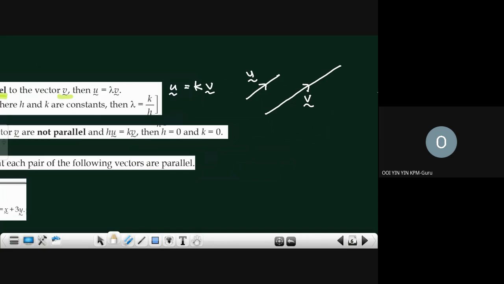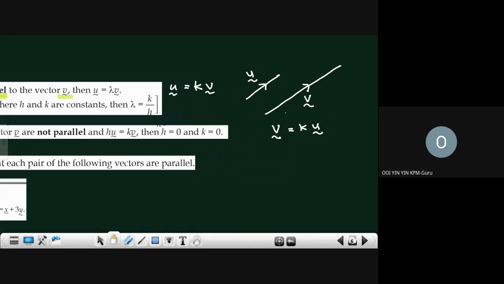Then your v here, we can write it as k, a constant, not an unknown, a constant, a constant of vector u. That means we can write v as a multiple of u, meaning v is how many times u.